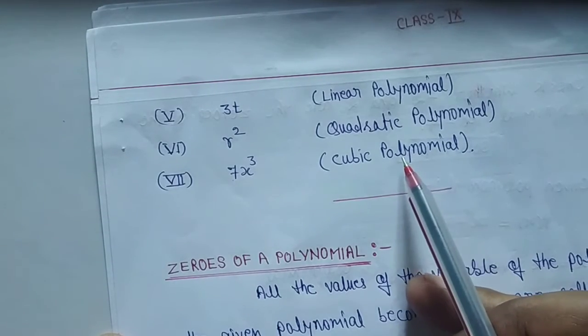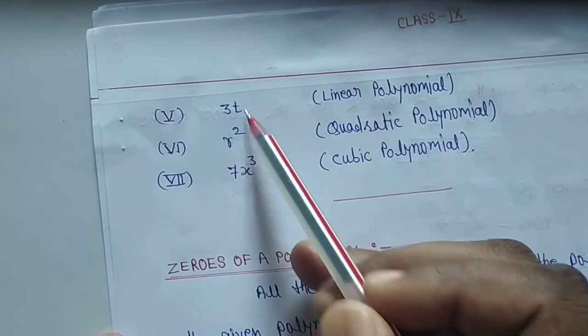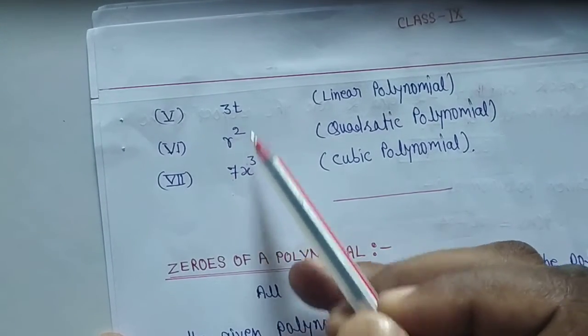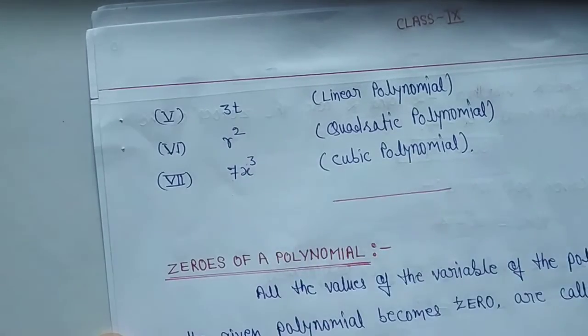And on the basis of term, it is a monomial. All these three polynomials are monomials because they have only a single term on the basis of number of terms.